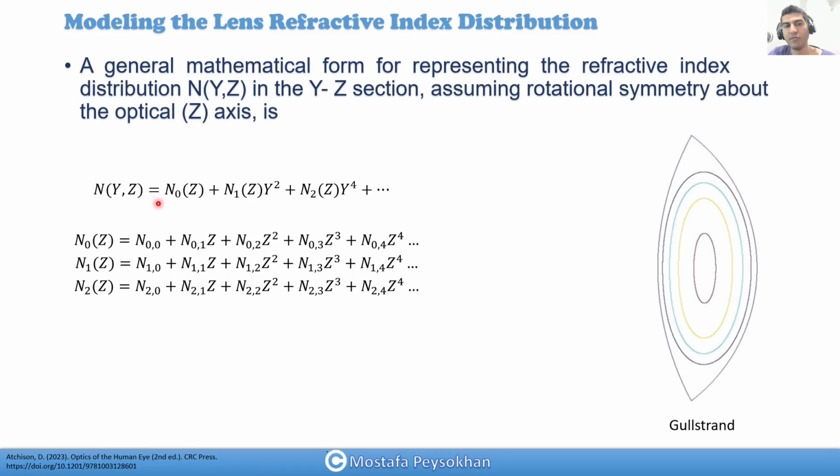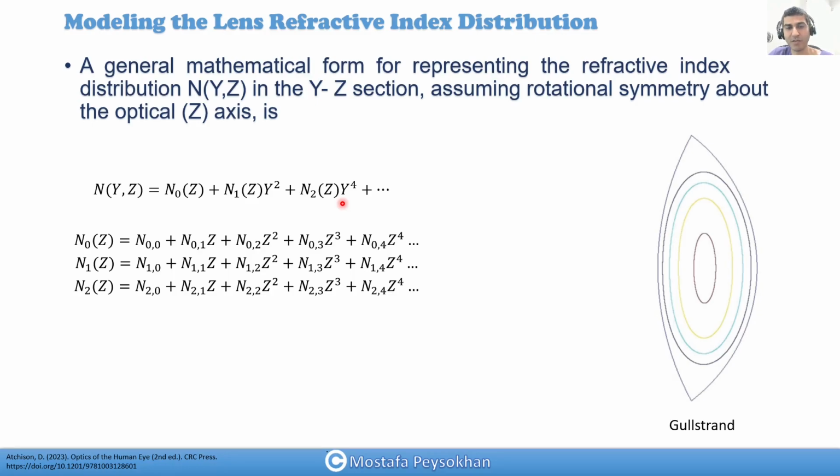So the whole function is equal to n0(z) plus n1(z), which is a function of z, multiplied by y to the power of 2, plus n2(z), a function of z, multiplied by y to the power of 4, and we continue this equation with all even powers of y.